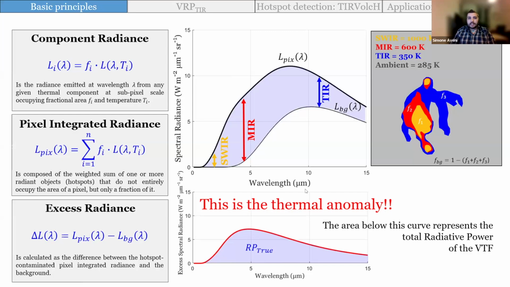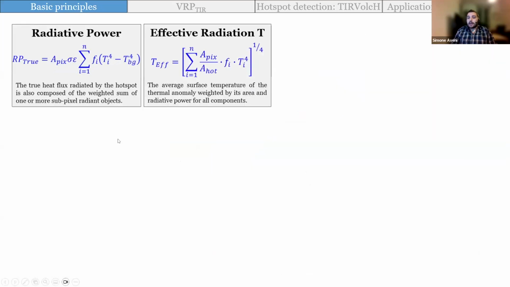So what is the radiative power? So the radiative power, if we were able to see at millimeter scale all the thermal components, knowing exactly their temperature, their area, would be basically the heat flux radiated by all, the weighted sum of all thermal objects that are radiating at that given temperature.